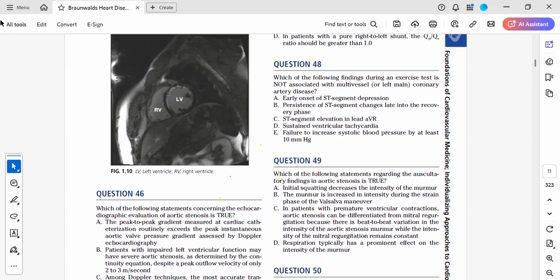Any questions or comments? So number 49: which of the following statements regarding the auscultatory findings in aortic stenosis is true?